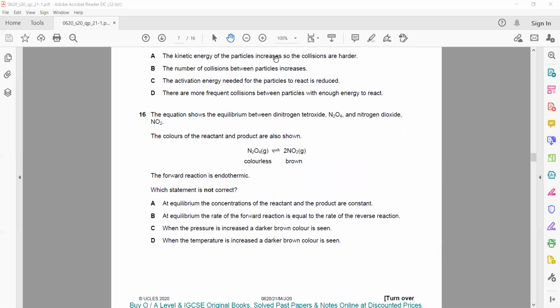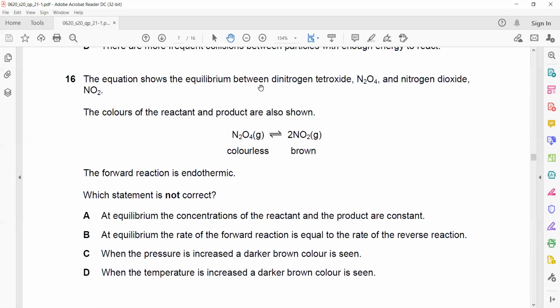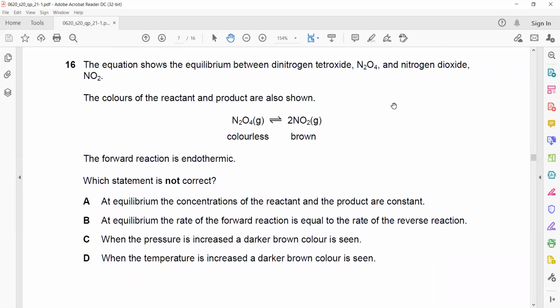Question 16. Which statement is not correct? This is about the reversible reaction.